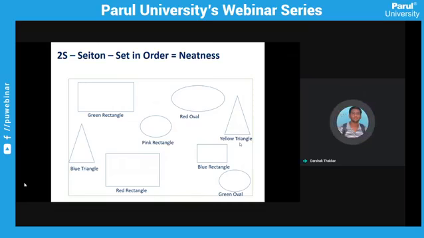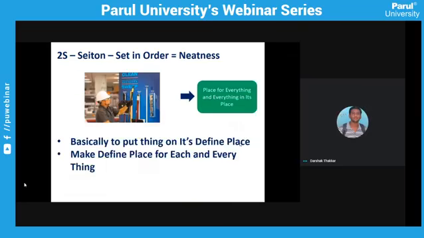We can learn it in the next S, right? So set in order, or neatness. We can say: a place for everything and everything in its place. Whatever things are available with us, whatever necessary things we have sorted, all of them have their own place, and everything should be in its place, right?